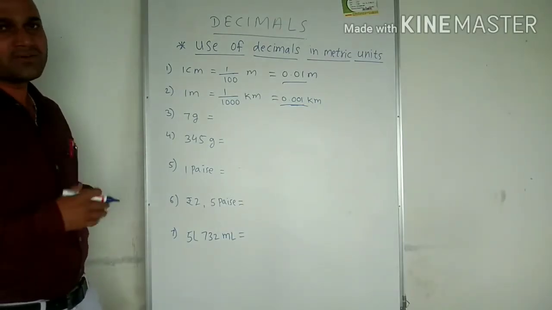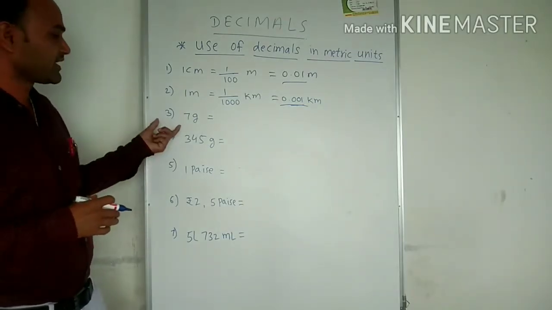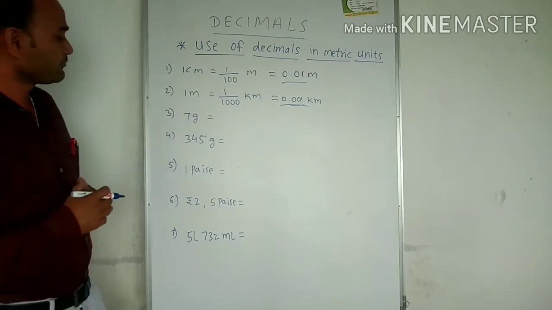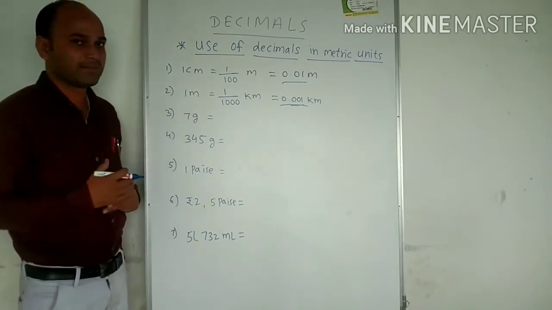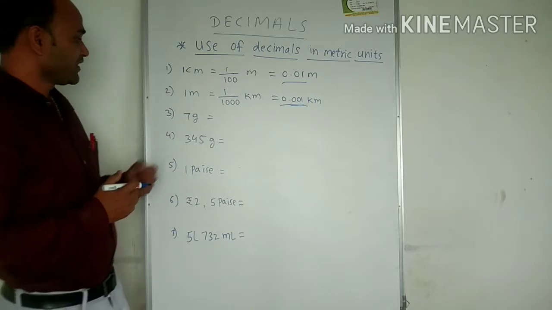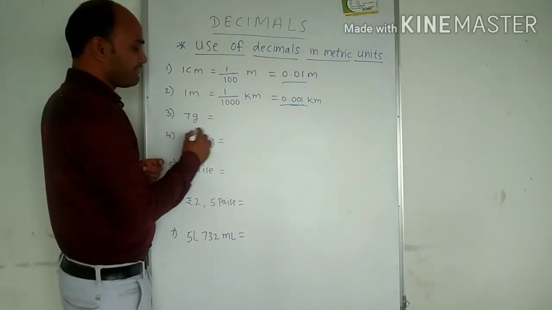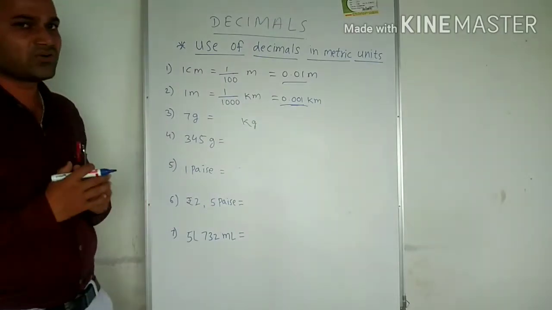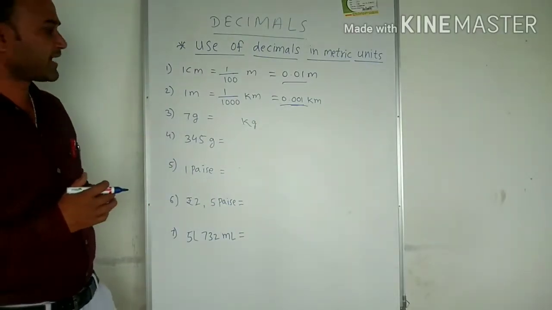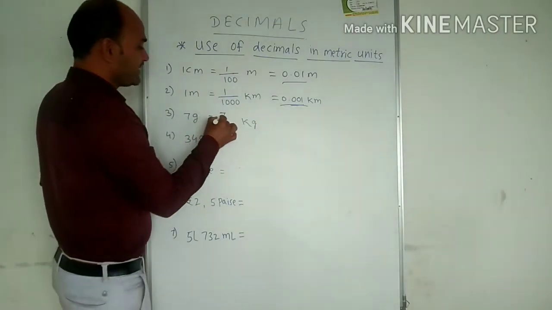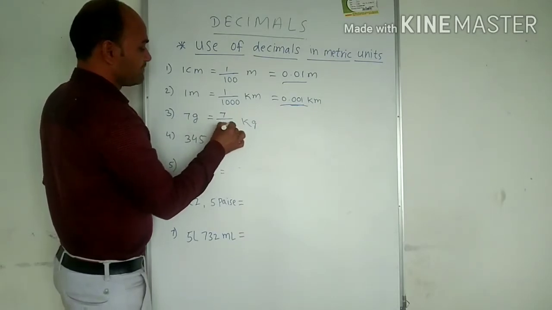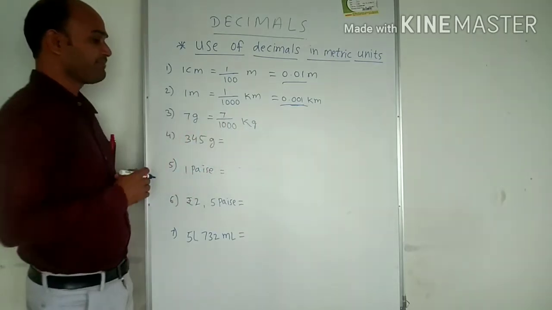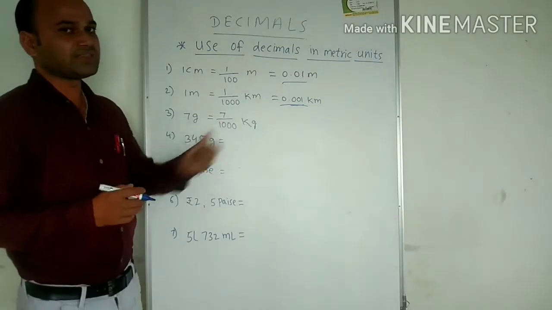For measuring weight or mass, we use grams and kilograms. To convert grams to kilograms, let's see this example. 7 grams equals how many kilograms? You know that 1 kilogram is equal to 1000 grams. So 7 divided by 1000 kilogram.